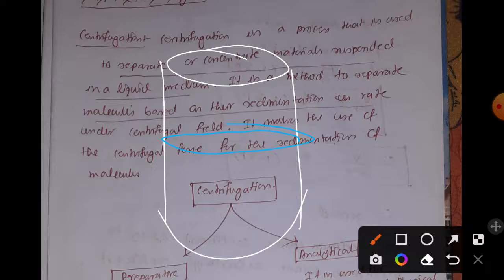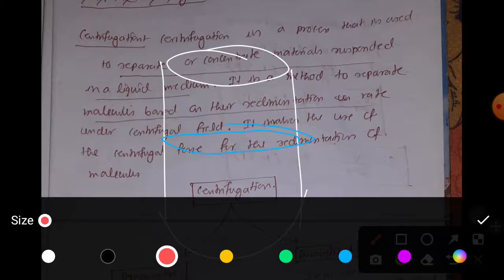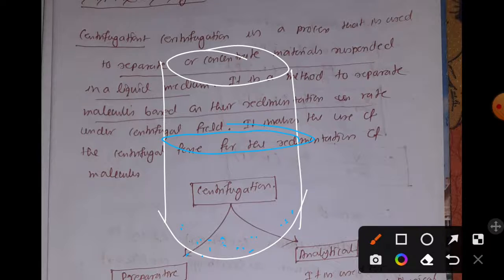After some time you can find that all the small materials are settled at the bottom of the tube, right? So that is the centrifugation process too, but the actual point is it will take a lot of time if you only rely on gravitational force.